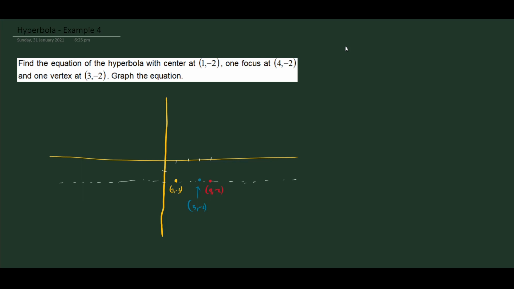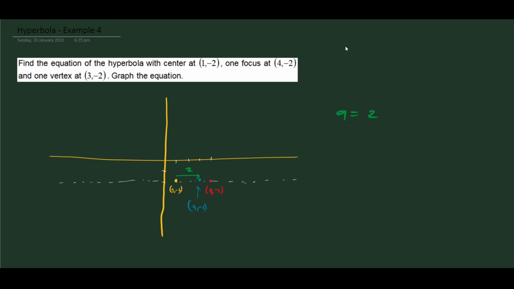So our a is actually the distance from the center to one vertex. Okay, so what is that distance right here? This is the distance that we're talking about. So 3 minus 1, that would be 2, right? So therefore, our a is actually 2. This is the absolute value that we're talking about here.